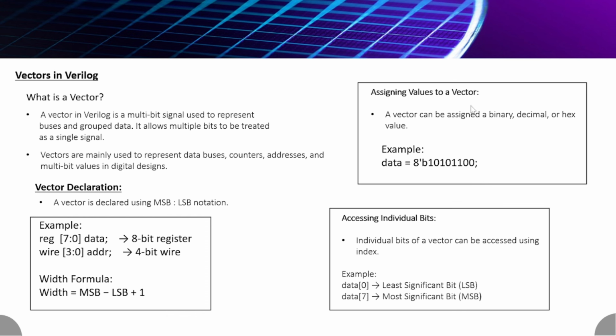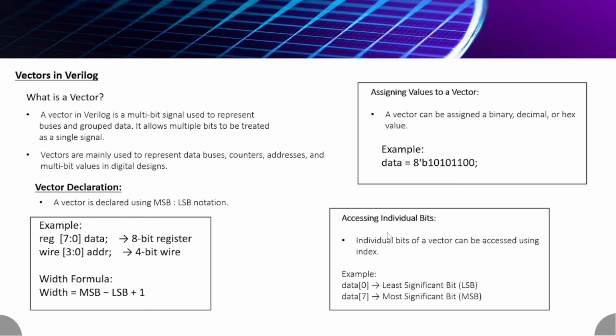Now let's see how to assign values to a vector. A vector can be assigned values in binary, decimal, or hexadecimal format. For example, data equals 8'b10101100. Here we are assigning an 8-bit binary value to the vector data.